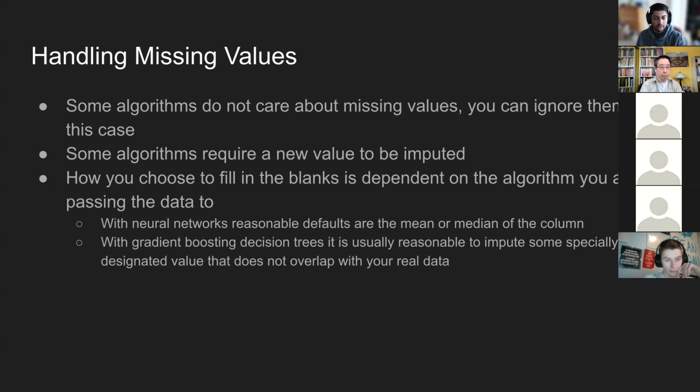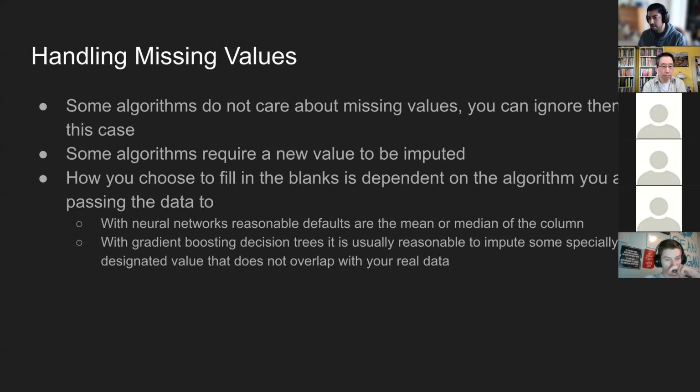So how you fill in the blanks can actually be very informative, because sometimes you might want to represent to the algorithm, I am filling in a value, but it's also not a real value. Like with gradient boosted decision trees, it's pretty reasonable to just use a random number that is outside of our normal range.